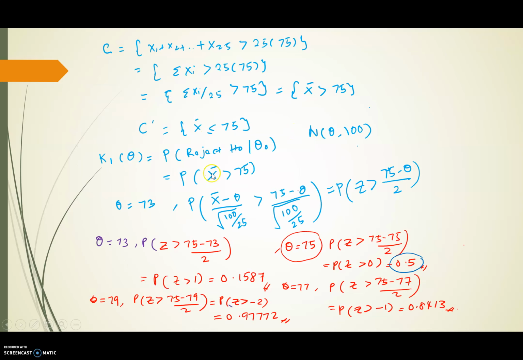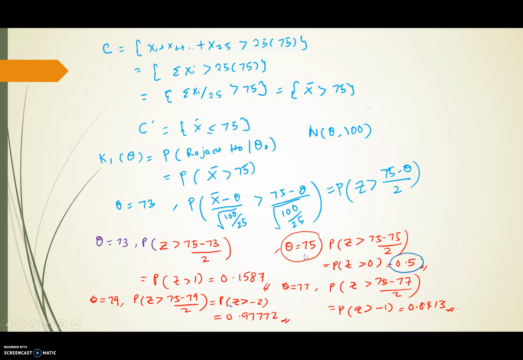We already found that the power function is the probability of rejecting H0, so we have the probability x bar greater than 75. We substitute theta equals 73, 75, 79, and also theta equals 77.